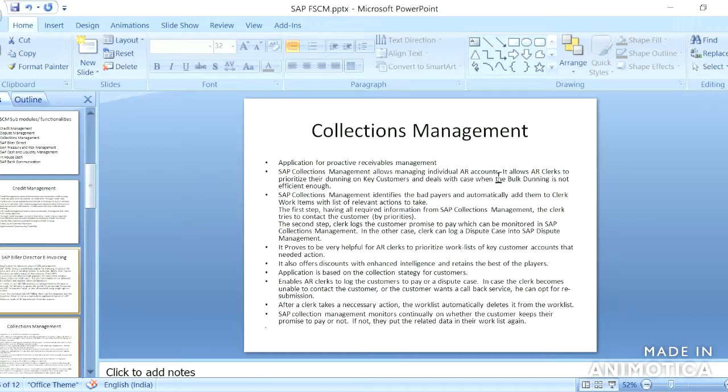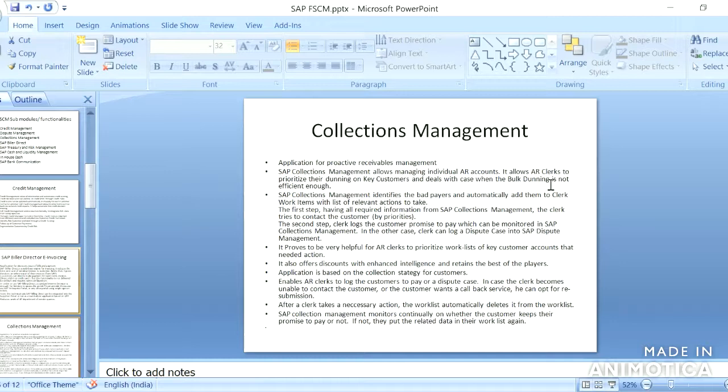Each and every AR account will be monitored. It allows AR clerks to prioritize their dunning on key customers and deal with cases when bulk dunning is not efficient enough.